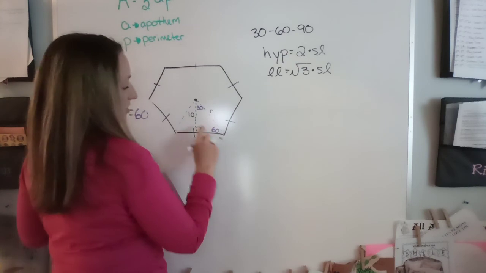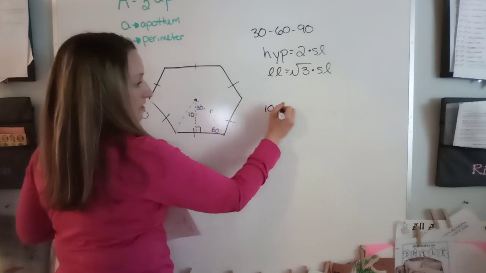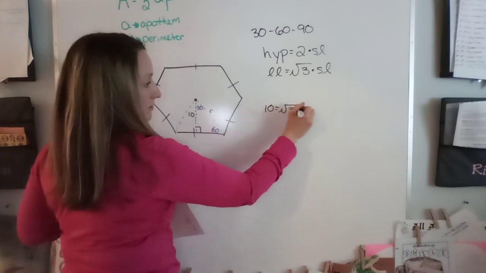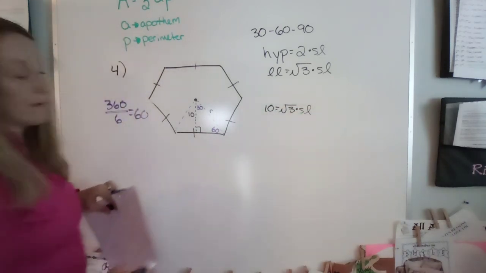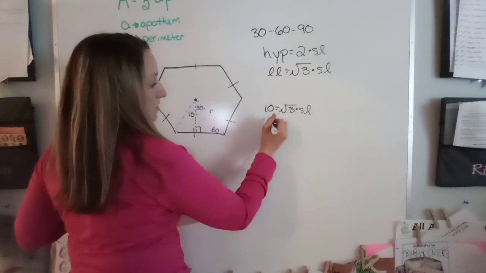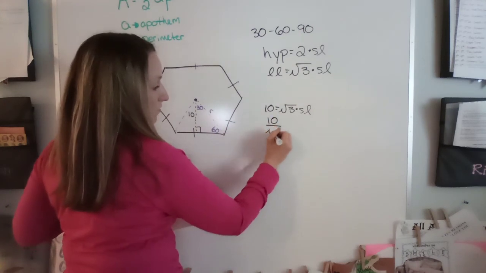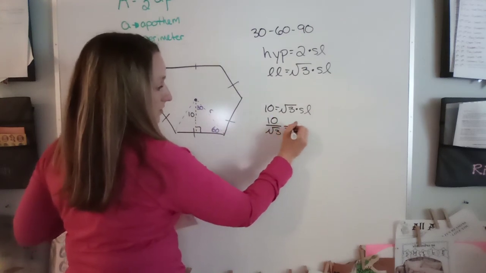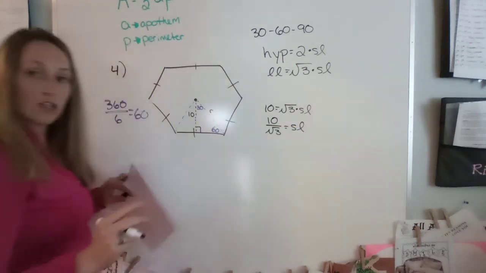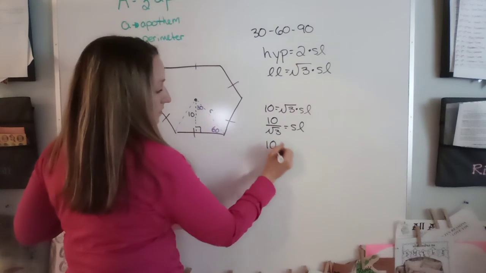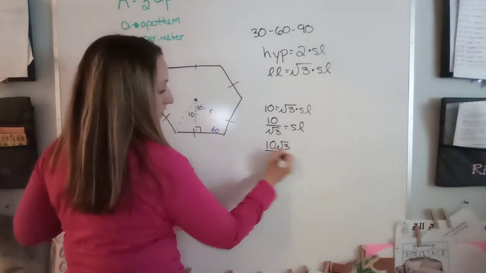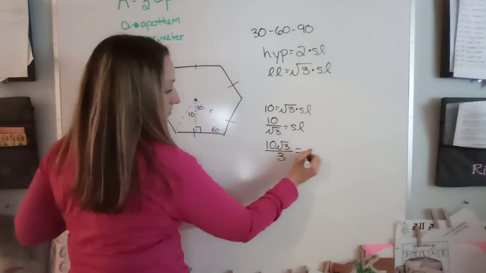Long leg, which is 10, is equal to √3 times the short leg. So to solve for the short leg, I'm going to divide both sides by √3. So I'm going to have 10 over √3 equals the short leg. I'm going to rationalize by multiplying top and bottom by √3. So I have 10√3 over 3 is equal to the short leg.